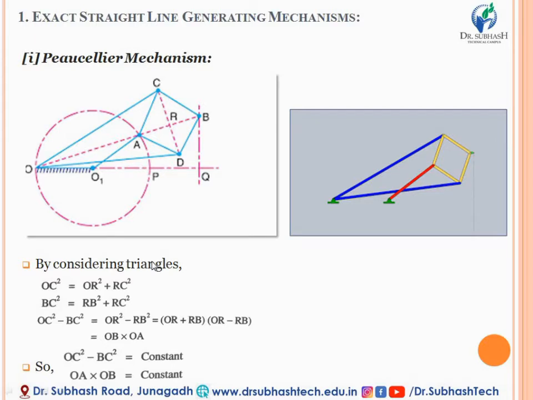Now for the analysis, kindly consider triangles ORC and BRC. That means you have to consider triangle O, R, C, and also triangle B, R, C. By using the geometric relation, you can write OC square is equal to OR square plus RC square.